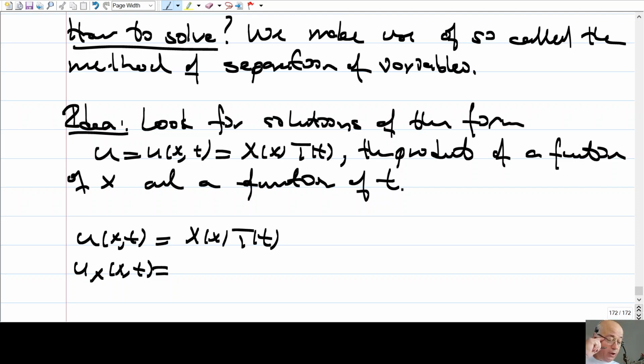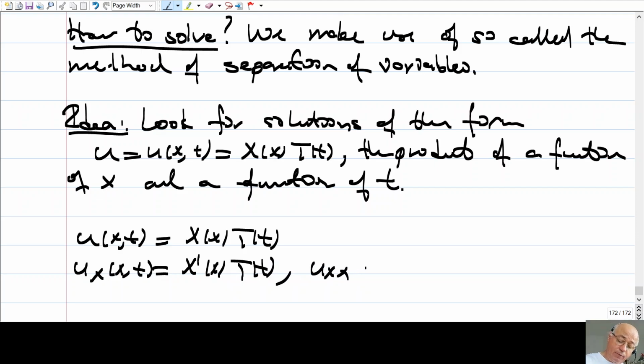This is a product of two functions. One is a function of x, the other one is a function of t. When I take the derivative with respect to x, I regard t as if it is a constant, so I just take the derivative of the function of x. And the derivative of this with respect to x is just X prime of x, and then I have T of t.